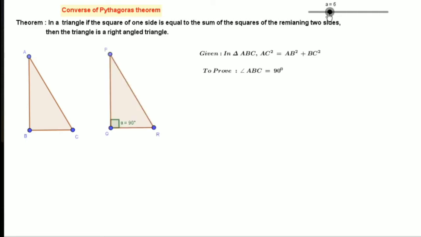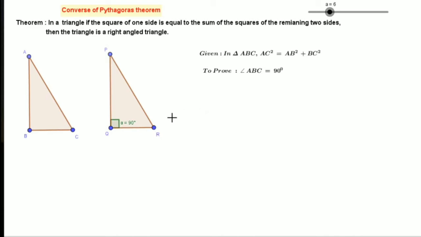We have constructed triangle PQR such that in this triangle angle PQR is 90 degrees, side PQ is congruent with side AB, and side BC is congruent with side QR.